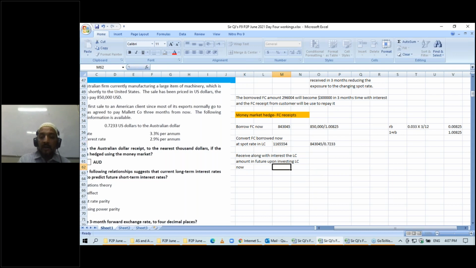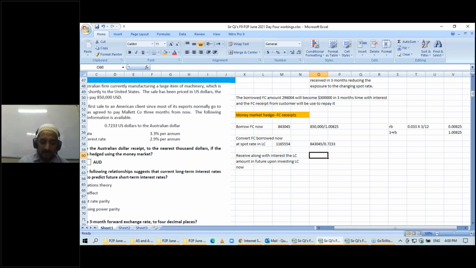And now we will invest this local currency amount for 3 months, so that we can compensate the interest to be paid on the foreign currency borrowing with the local currency interest income. So we'll invest it or lend it.